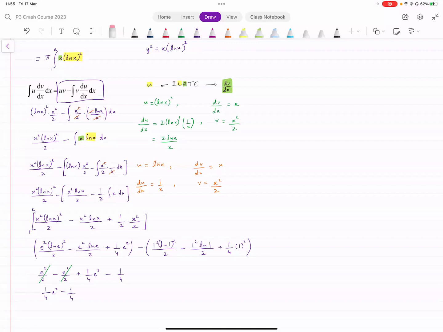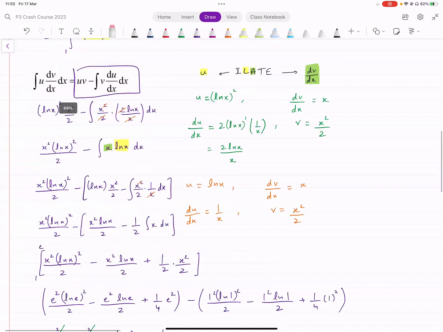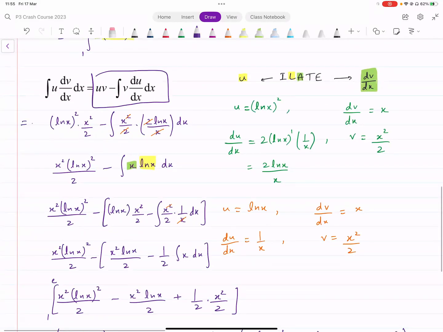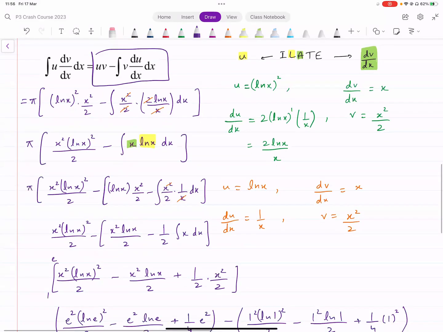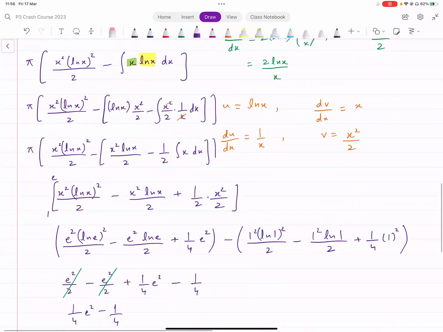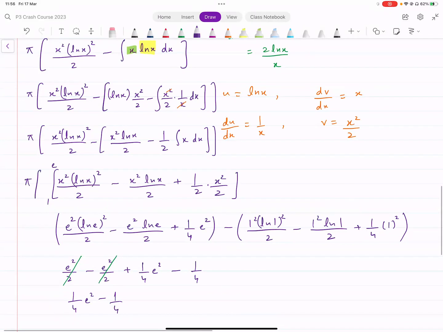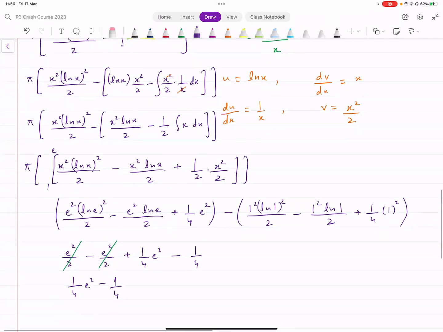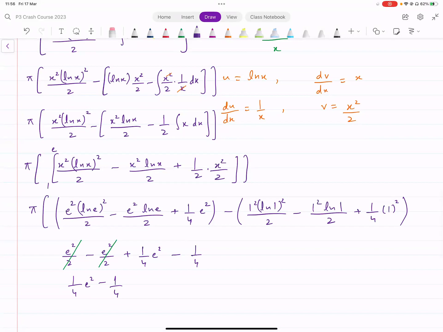But just to make sure that you don't forget, I would recommend that you write it in every step so that you know there is a pi there. Even if you write it at the last step only, that's also going to be okay. There's no problem with that.